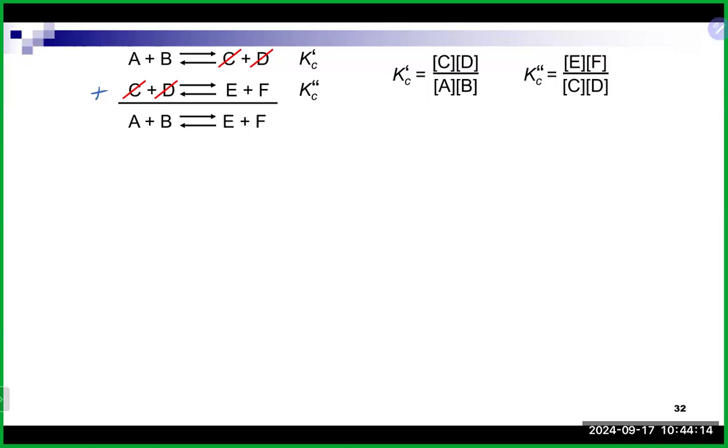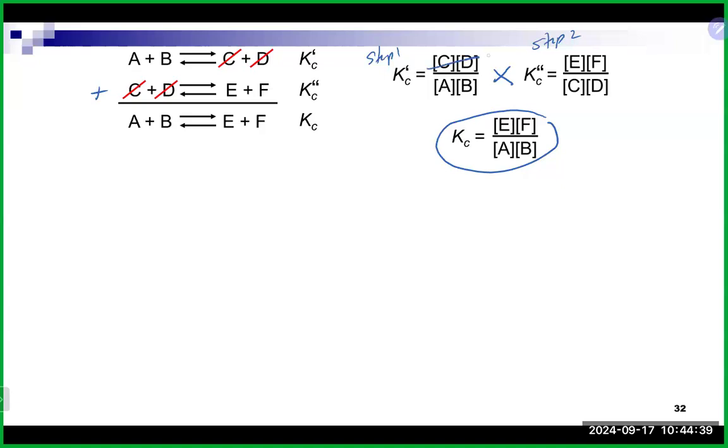If we were to write the equilibrium constant for this overall reaction, we get E times F divided by A times B. Now, if we look at the equilibrium constants for each of these steps, that's the first step there, and that's the second step. The way that we get to this one is we actually multiply the K values.